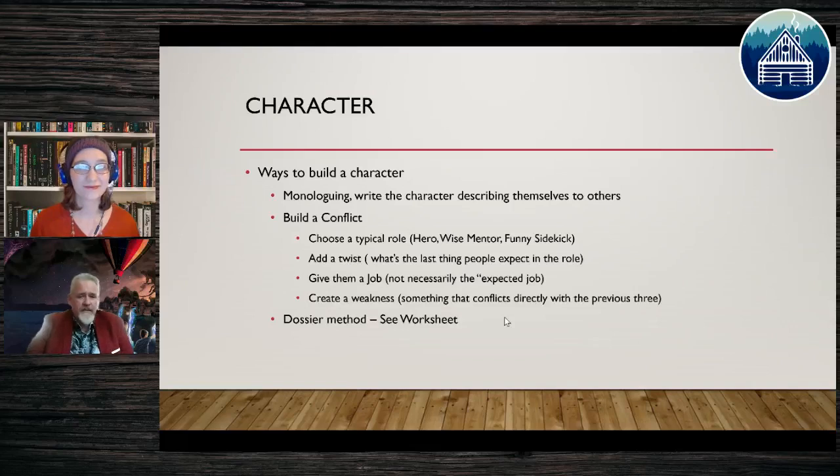You expect them to be this amazing wise mentor, but their job is that they clean toilets. That's what they do. You didn't expect that about them. And then finally, the weakness is something that conflicts with that. One of my favorite weaknesses is Indiana Jones' fear of snakes, right? You've got this super heroic guy, but he's afraid of snakes.